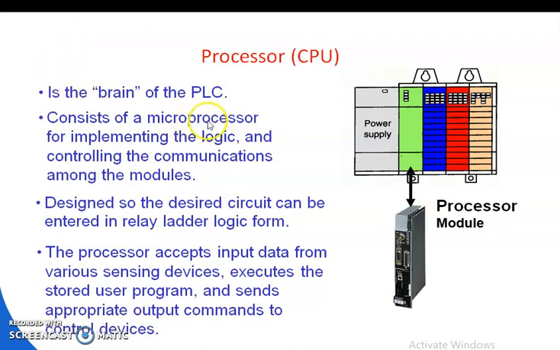Next, the central processing unit, or CPU, is the brain of the PLC. It consists of a microprocessor for implementing the logic and controlling the communications among the modules, designed so the desired circuit can be entered in relay ladder logic form.